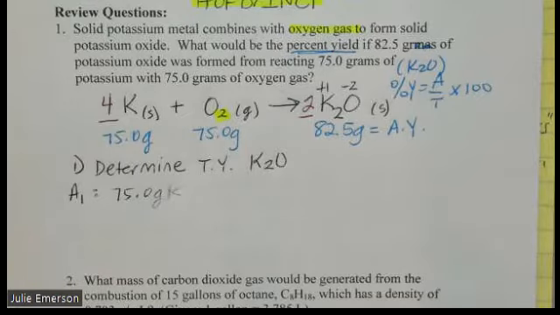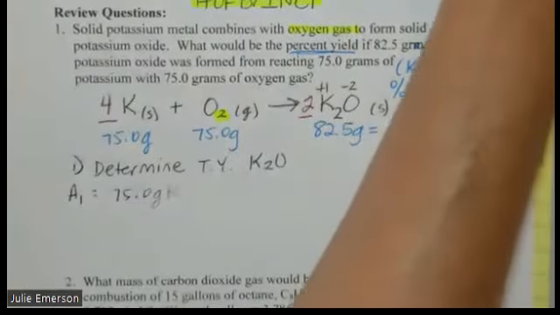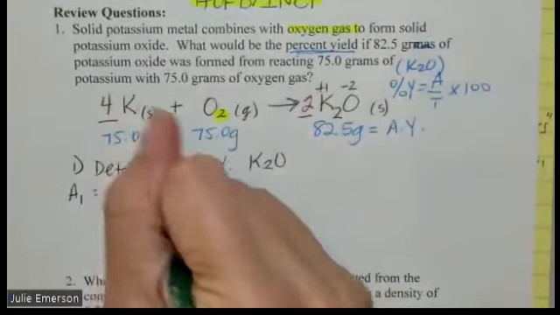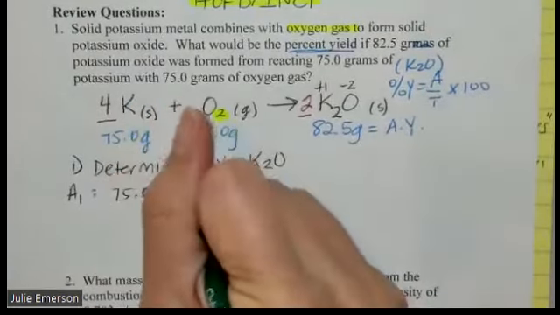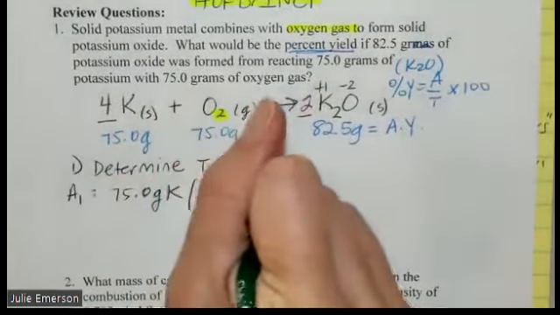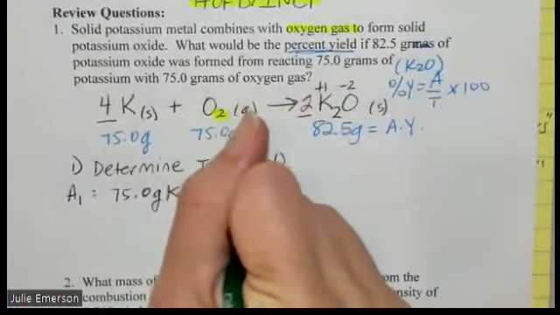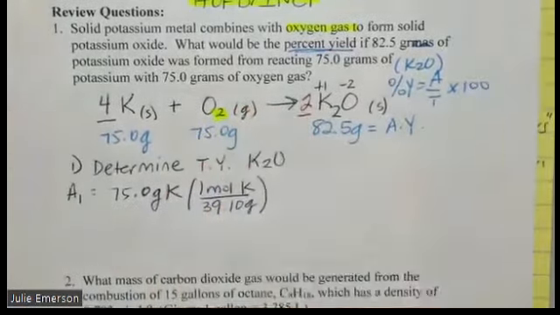All right, so in this first calculation, I've got the 75 grams of K. And like we talked about, if you have a mass, you need a molar mass to get you to moles. So if I go to my periodic table, 1 mole of potassium is 39.10 grams.